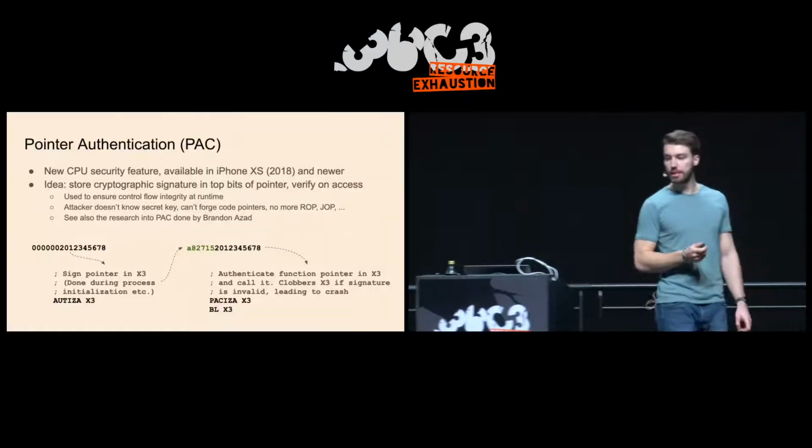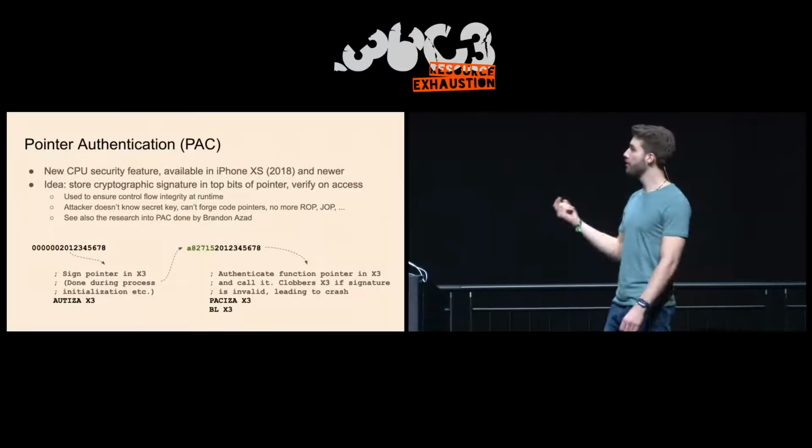Now there's a set of instructions that sign a pointer. They may take a context or not, but they use some key that's not in memory, that's in a register, compute a signature of this pointer, and store the signature in the top bits. And that's what you see on the right side. The green things, that's the signature.